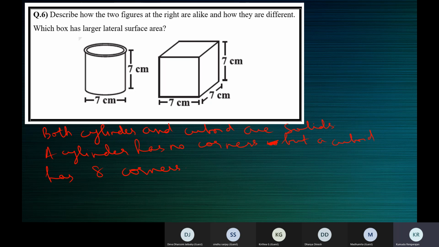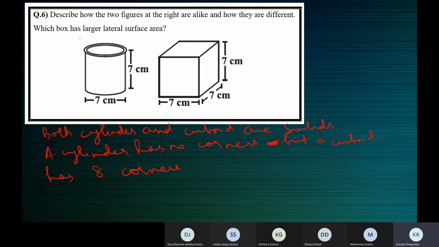In a circle, you can't find a corner. If you are in a cylindrical room, or in a big cylindrical drum, you cannot hide yourself in any corner, or go to any corner. There is no corner in a cylindrical room or a cylindrical drum, while a cuboid has 8 corners. All right.